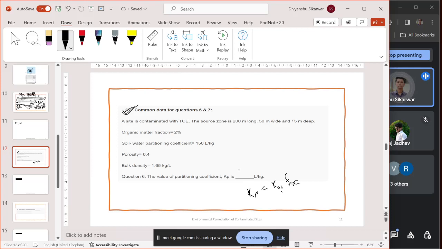If we directly solve this problem, because most of you have not attended lecture 3, directly using this formula won't help much. So let me explain the concept first.